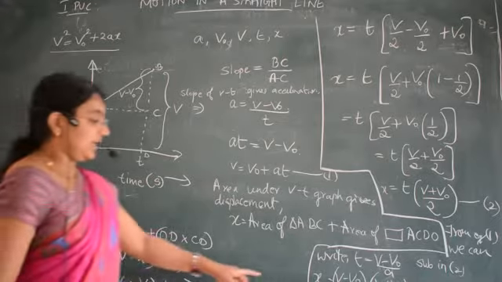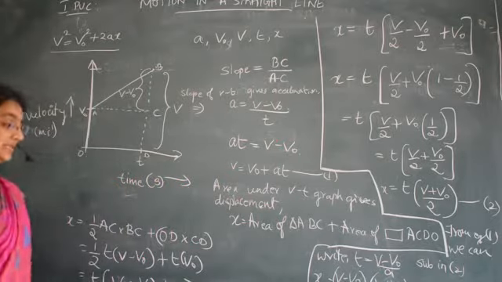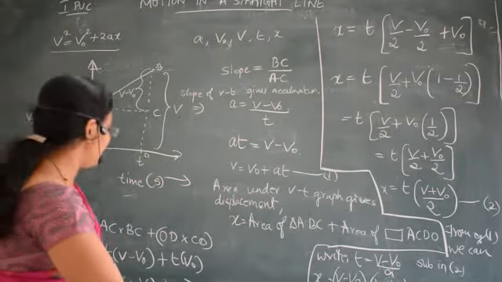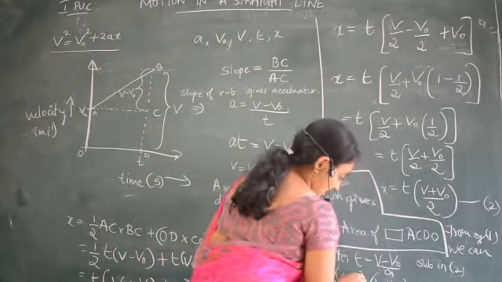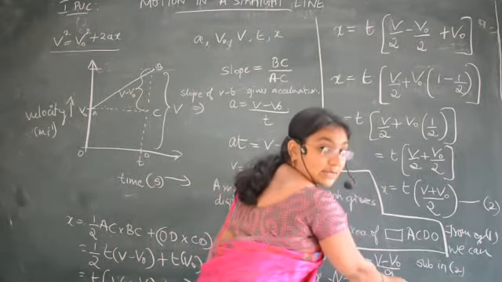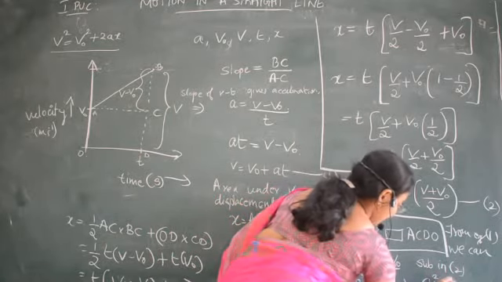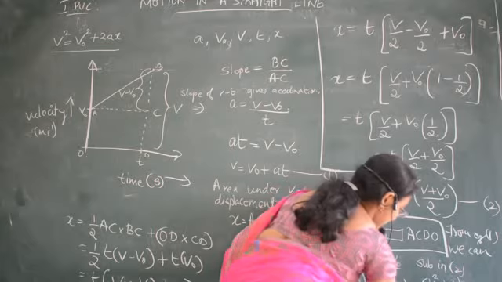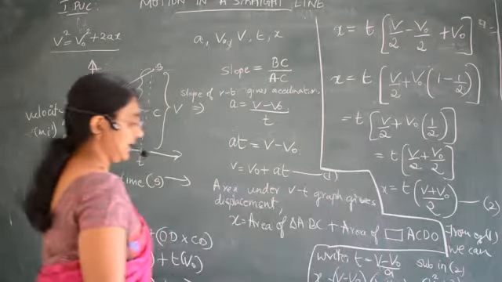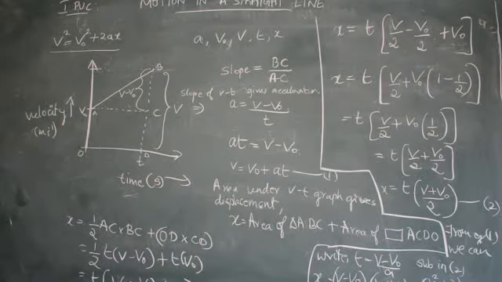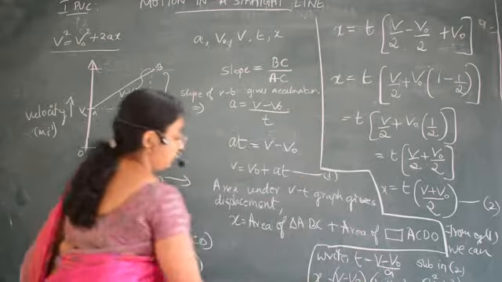A plus B into A minus B is A square minus B square. So, where shall I write? Shall I write there itself? Okay. A plus B into A minus B. So, we will get V square minus V naught square divided by 2A is equal to X. Now let us take this denominator to this side.